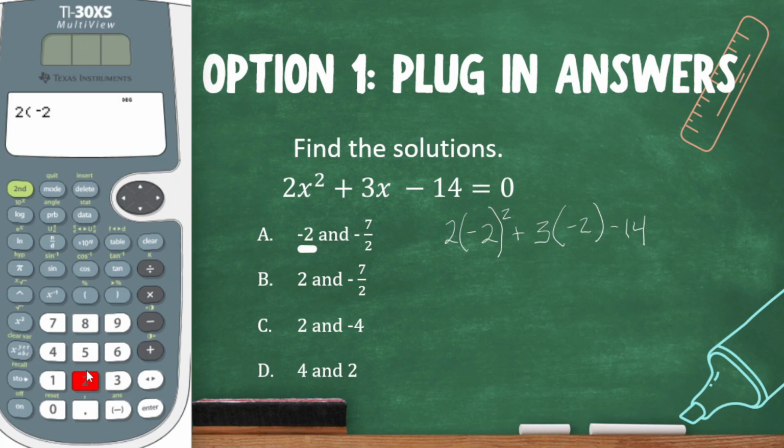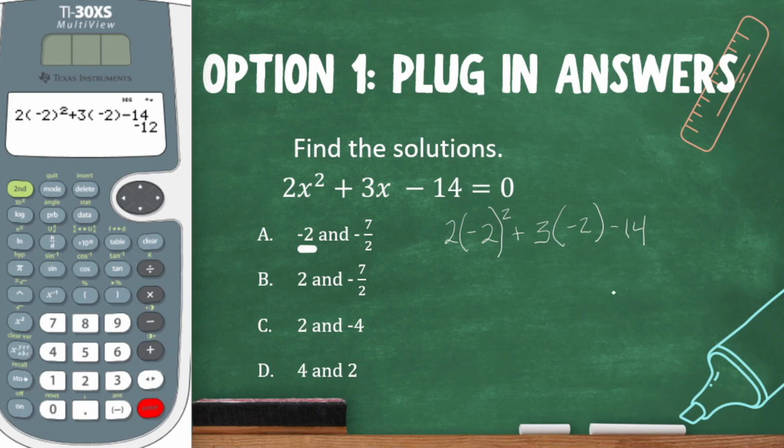Make sure you don't hit the minus sign. And then square, this little x squared button here, plus 3 parentheses -2 minus 14. Let's see what that gives us. Okay, so it gives us -12.